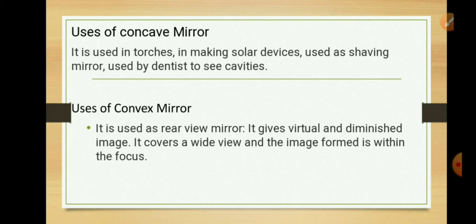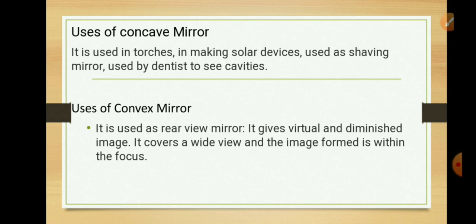So in torches and headlights, the small bulb is kept at the focus, and after reflection the light rays will converge at infinity and give a powerful beam of light. Powerful light can be obtained by the torches or headlights of vehicles.